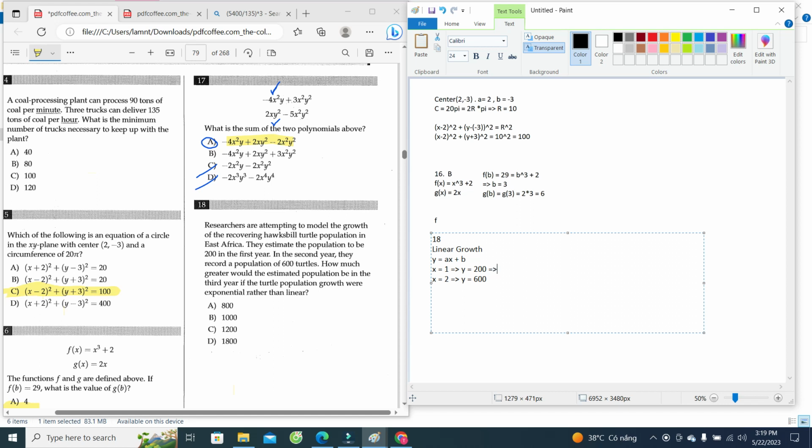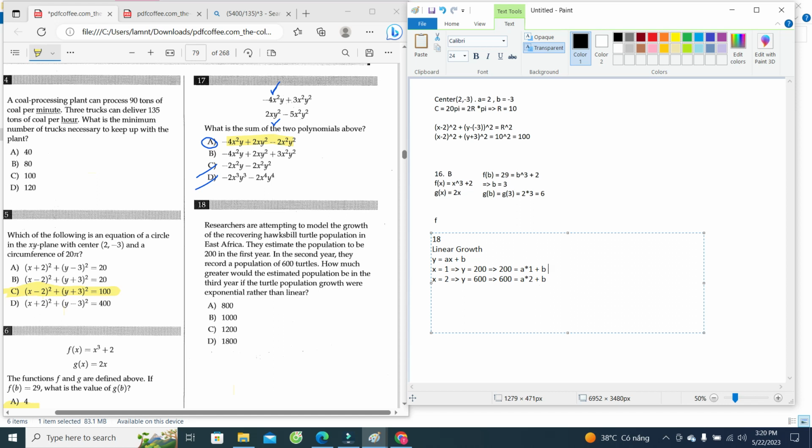We have equations like this. So 200 equals a times 1 plus b, and 600 equals a times 2 plus b, because it's a times x plus b.